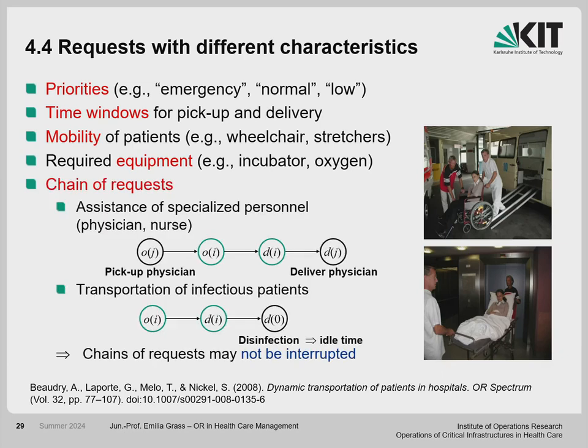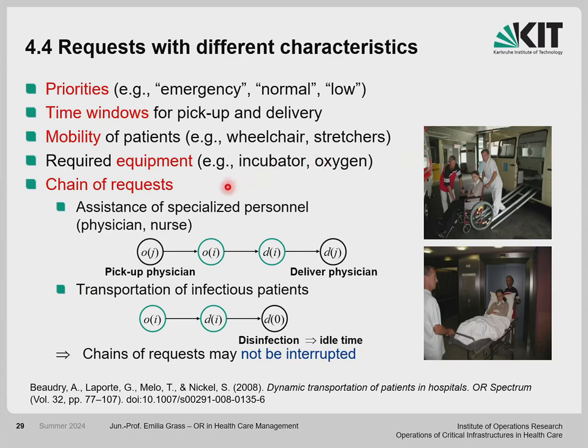And then we have this chain of requests. For instance, when a ward is calling and asking, can you pick up my patient? Indirectly, the transport dispatcher should know what is needed for this particular patient.